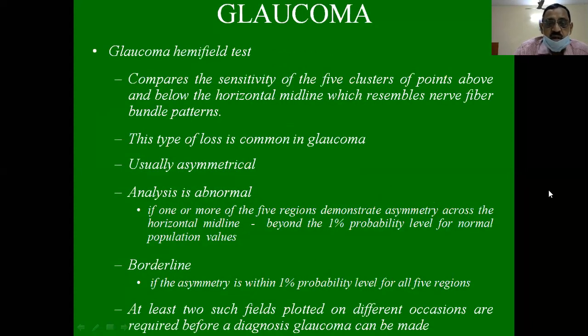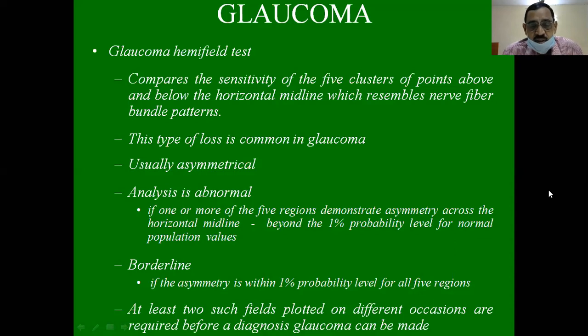And the glaucoma hemifield test is nothing but a comparison of the sensitivity of 5 cluster points above and below the horizontal midline, which resemble nerve fiber bundle patterns. This type of loss is very common in glaucomas, and usually the loss is in both hemispheres, above and below the horizontal line, but it is asymmetrical.